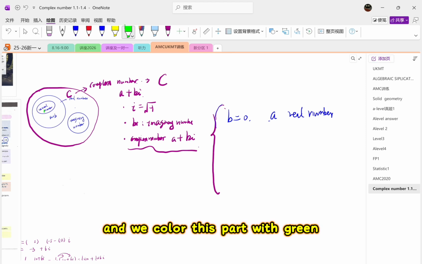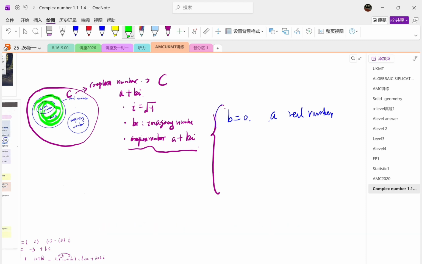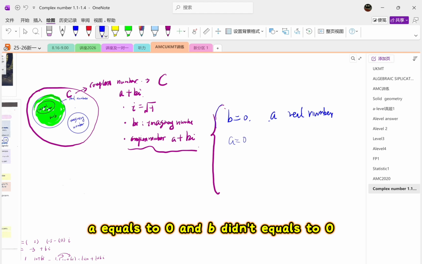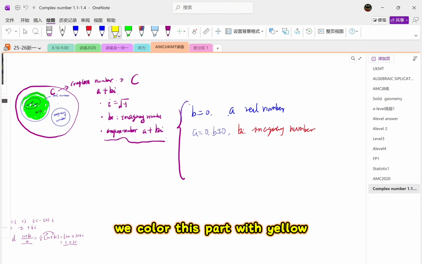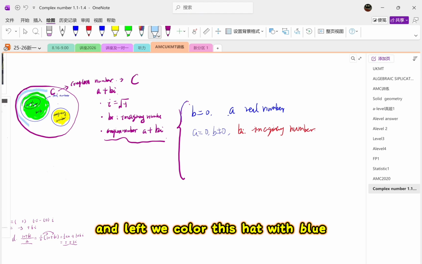We color this part with green. And if a equals 0 and b doesn't equal 0, we call it an imaginary number. We color this part with yellow. And the rest, we color this part with blue.